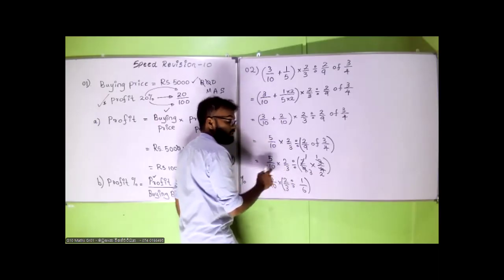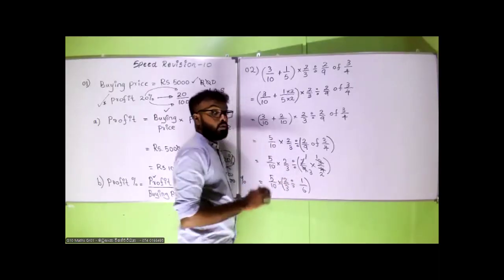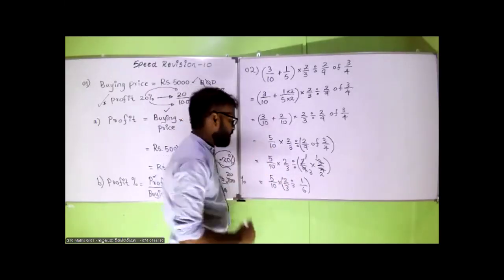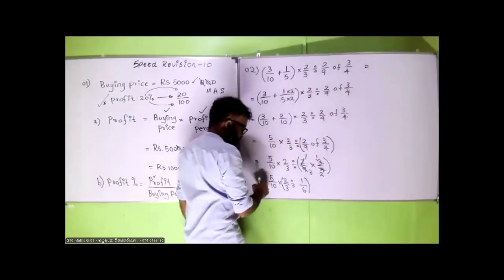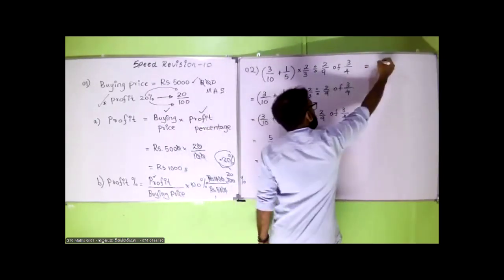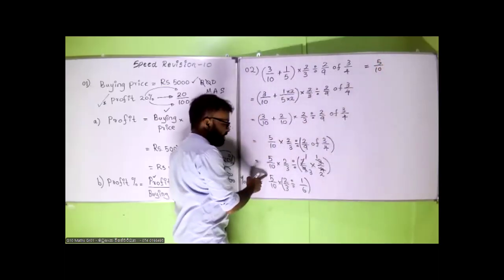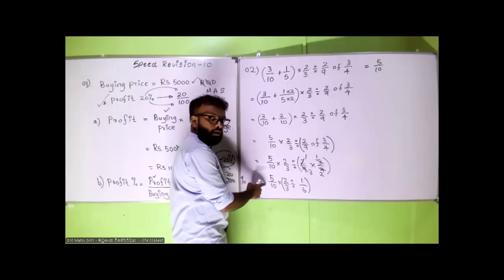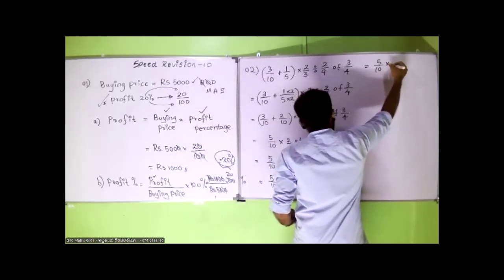So I am going to simplify 2 upon 3 and 1 upon 6 first. So in the next step I am going to do 5 upon 10. If you want, you can simplify the numerator and the denominator, but I am not going to do it, because it might confuse me.